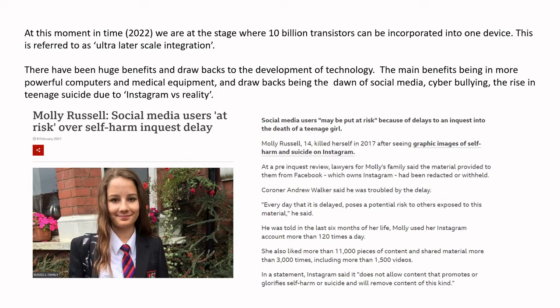The drawbacks of that can be things like the dawn of social media, and with that, things like cyberbullying. It's up for debate here, and this bleeds into social, moral, ethical issues as well. Before social media, cyberbullying wasn't a thing. And from cyberbullying, there's also been a higher rate of teenage suicide, particularly around the whole idea of Instagram versus reality.